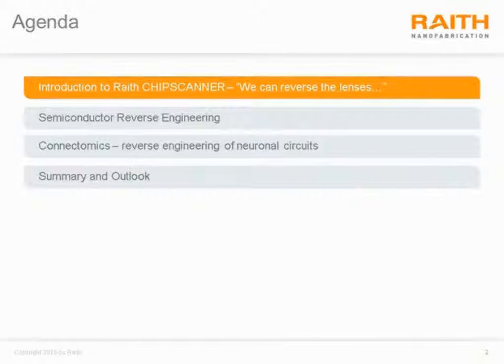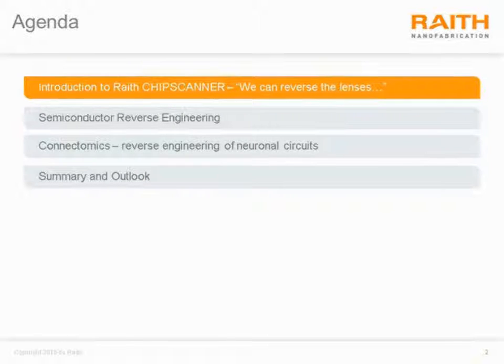So the agenda for today's webinar is as follows. Some in the audience may not be aware of the Raith chip scanner SEM, so I would like to give an introduction to the Raith chip scanner. Next, I will focus on two specific applications of the chip scanner.